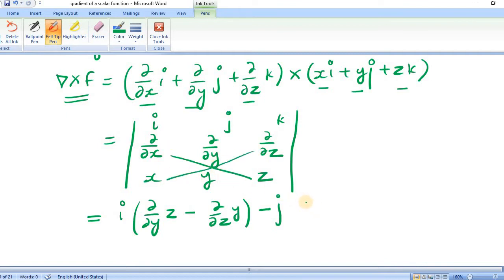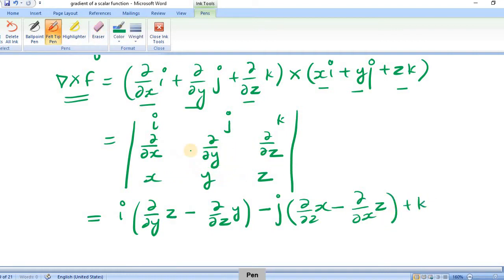So this will be ∂/∂z on x and then minus ∂/∂x on z. And lastly, we have k. So we need to have a cross product between these two. So this will be ∂/∂y operated on x minus ∂/∂x operated on y.